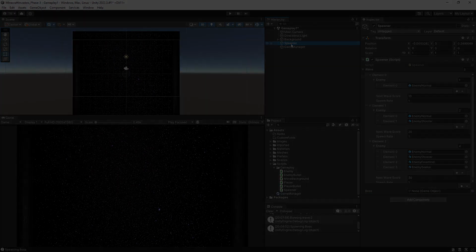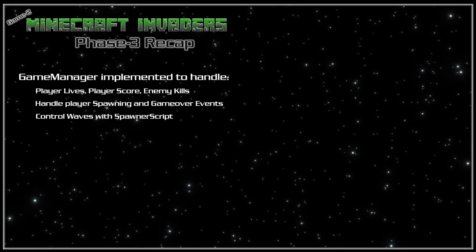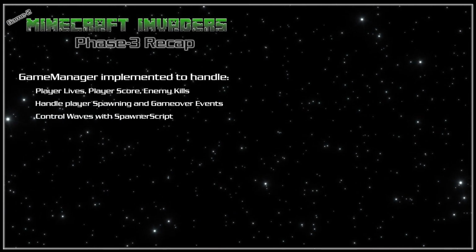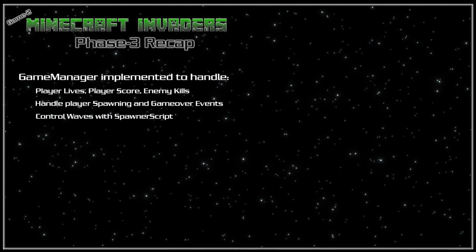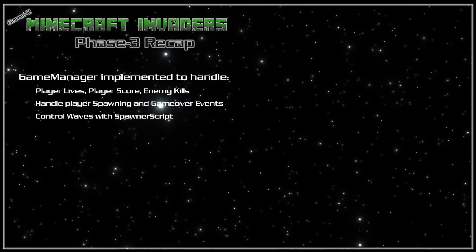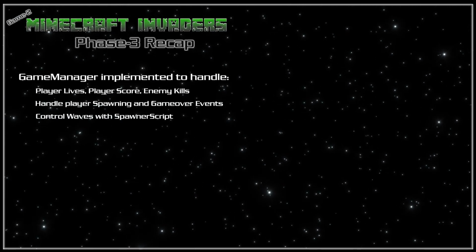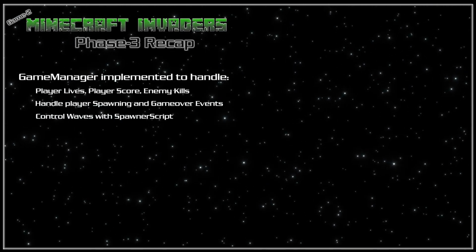So a quick recap. We got our game manager script started, and it's now handling player lives, keeping score, and tracking enemy kills. It's also handling the respawning of the player back in when it's destroyed, as long as the player has lives left. And it handles the wait and messaging between waves. And it's generally handling the game flow along with the spawner.